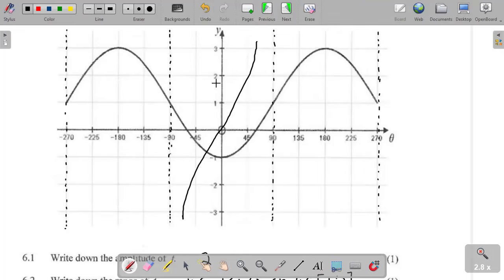So we remove that line and it's going to move something like that.